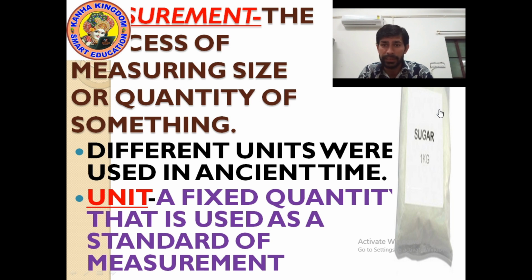The milkman gives you milk in liters. So what is liter? Liter is a unit, a fixed quantity which is used to measure. Liter is used to measure water, milk, liquid, and kilogram is used to measure solid.